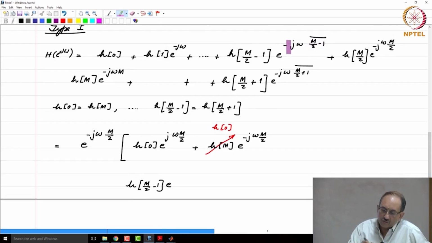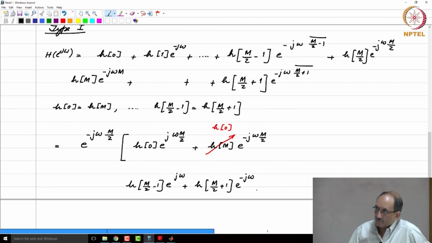So, what will be left when you take e to the minus j omega M by 2 is e to the j omega, plus h of M by 2 plus 1 e to the minus j omega, and you have a whole bunch of terms that pair up like this, and one term that is without a pair is this.